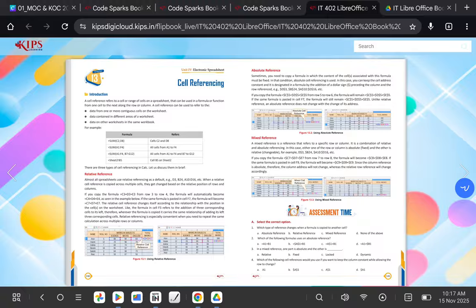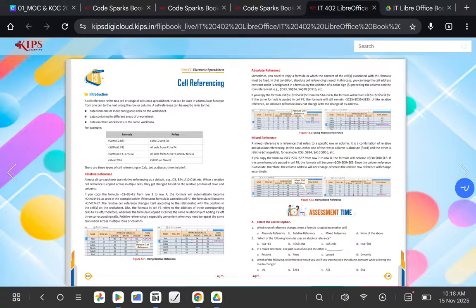So children, what have you observed? You might have observed that the formula written in the first cell is not exactly copied into the next cell. Please observe. I am taking a pause again. So children, you might have observed here in the next cell the entire formula of the first cell is not copied.